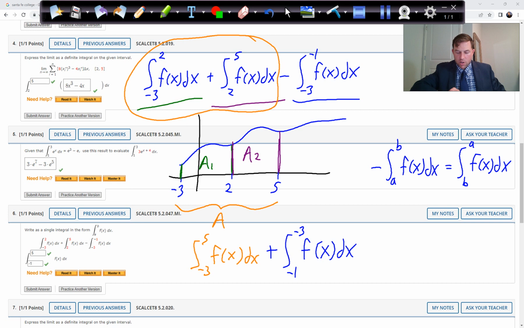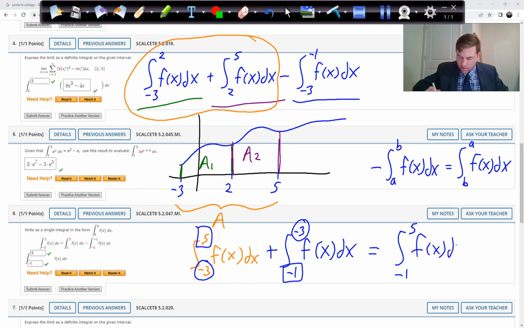Well, by that same argument, this is going from -1 to -3, so we can write that as, because these match, we can write this as from this limit to this limit, -1 to 5 of just f of x dx. And that's what we have there.